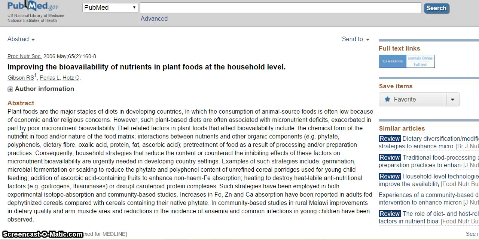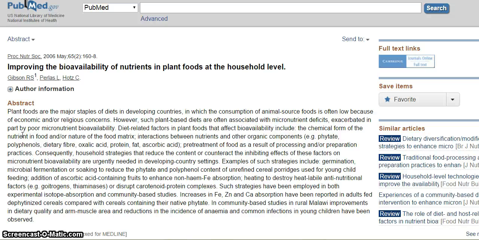Diet-related factors in plant foods that affect bioavailability include the chemical form of the nutrient in food and/or nature of the food matrix. Here it is. This is the matrix. Tell you what, it really is.